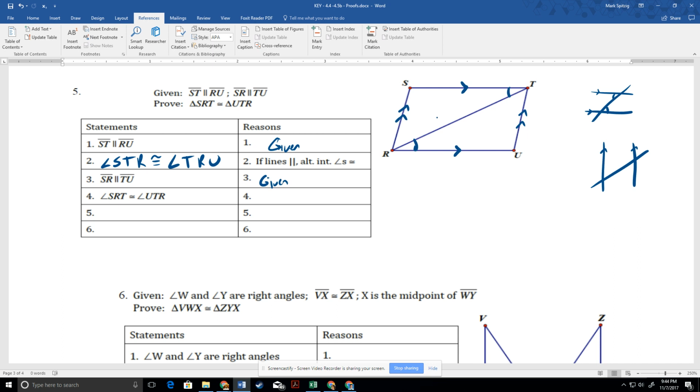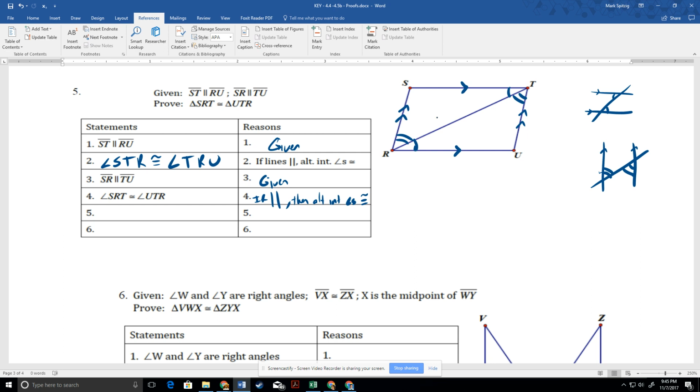Then it's telling me 2 angles are congruent, and the 2 angles they tell me are congruent are this angle here and this angle here. If I look here, how are those angles related? Oh, they're also alternate interior angles. So in other words, if the lines are parallel, then alternate interior angles are congruent. Okay, there you go. Then we have a couple blank steps.